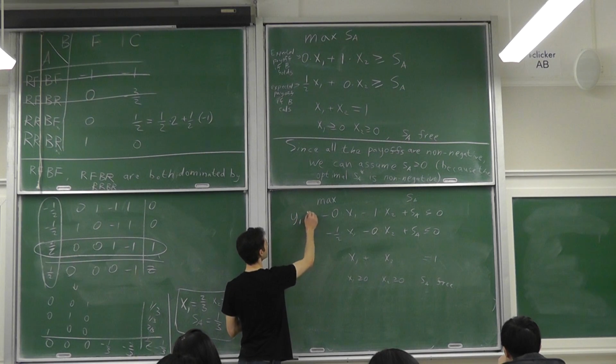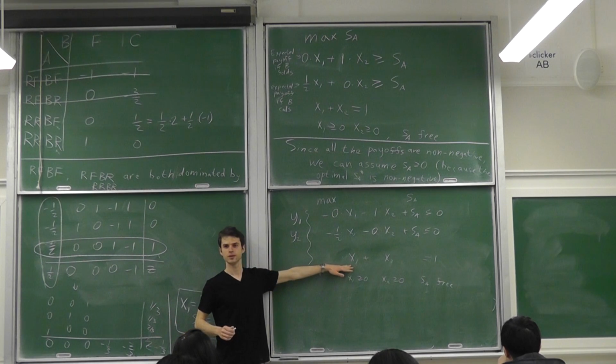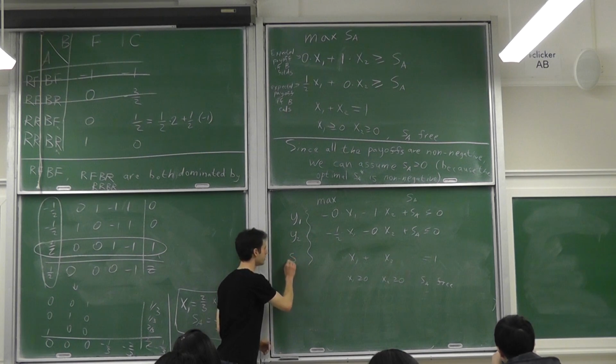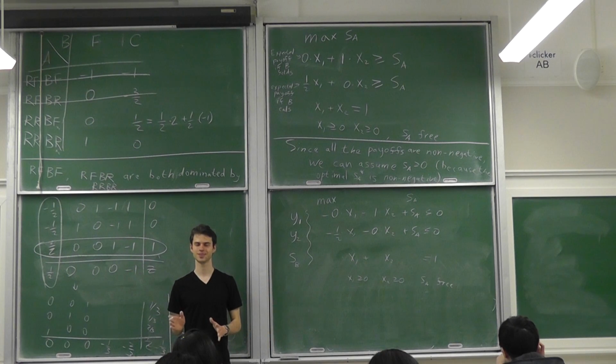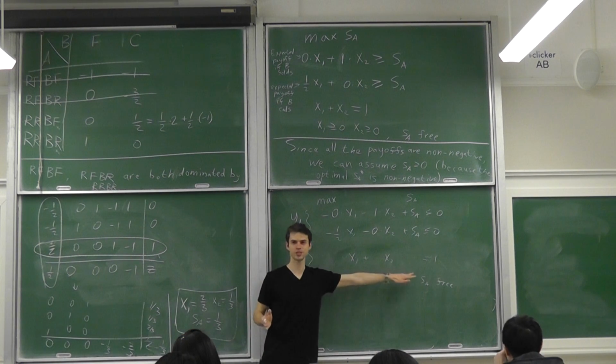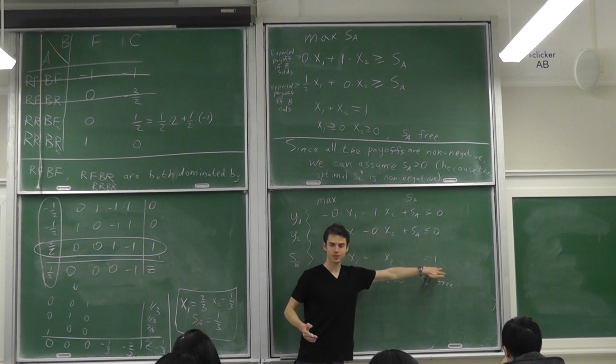y1, y2. This should be kind of like C, but let me call it SB because, well, for two reasons. One, it is somewhat special, hence S, because it is an equality constraint.